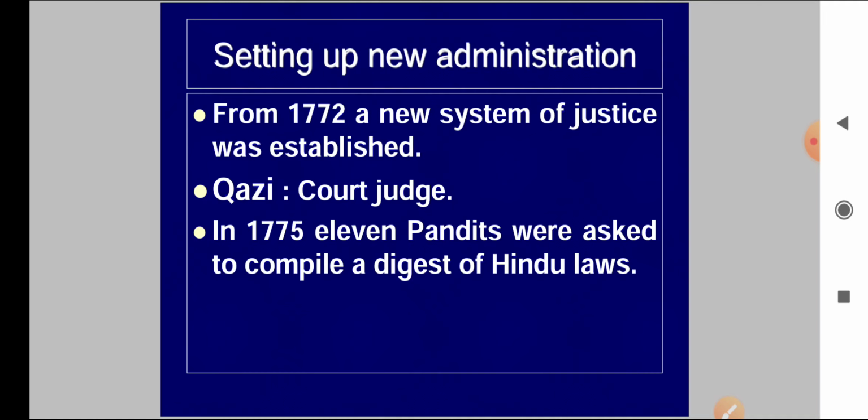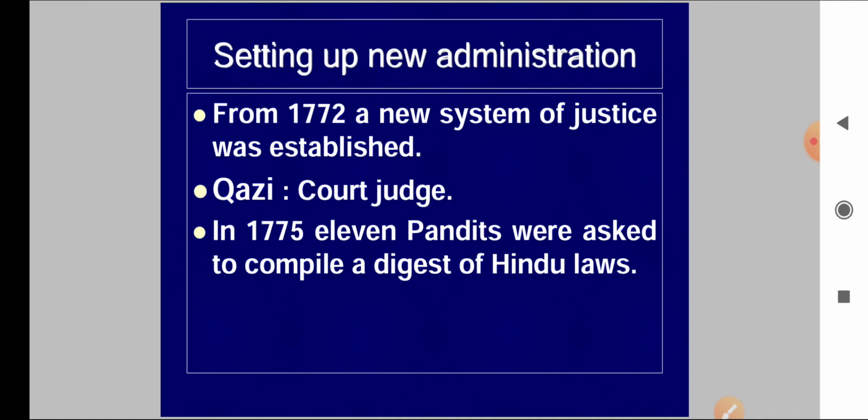The Britishers called Indian Pandits and Indian religious scholars to compile the texts of their religion, which was later translated by N.B. Halhed into English, and a code was compiled.